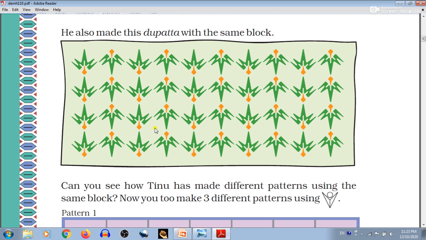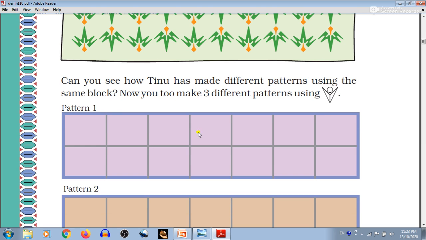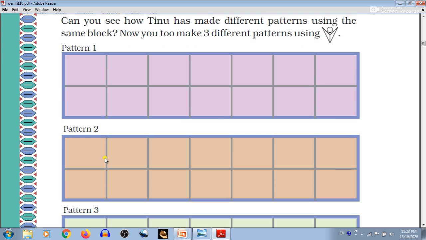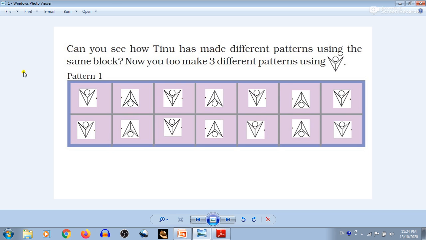Now we have a question. Can you see how Tinu has made different patterns using the same block? Now you have to make three different patterns using this block. So students, I am going to show you one pattern made by me, and the other patterns you have to try yourself. You can see here I have made this pattern, and basically this is a repeating pattern.